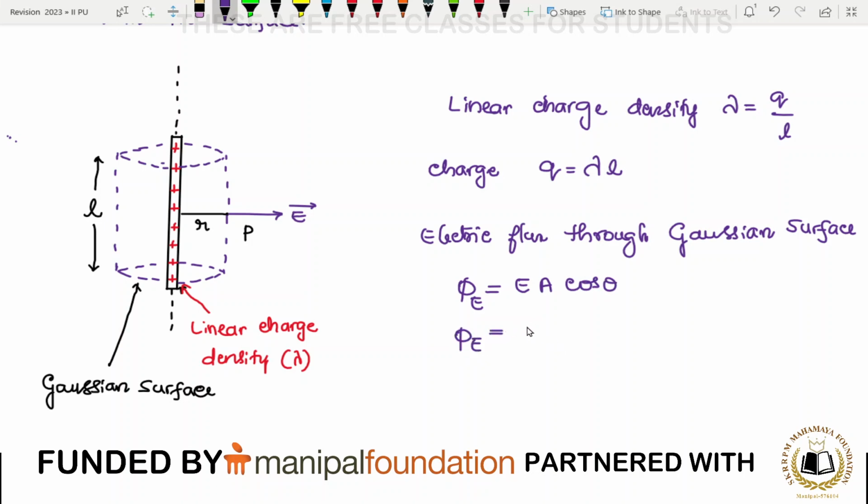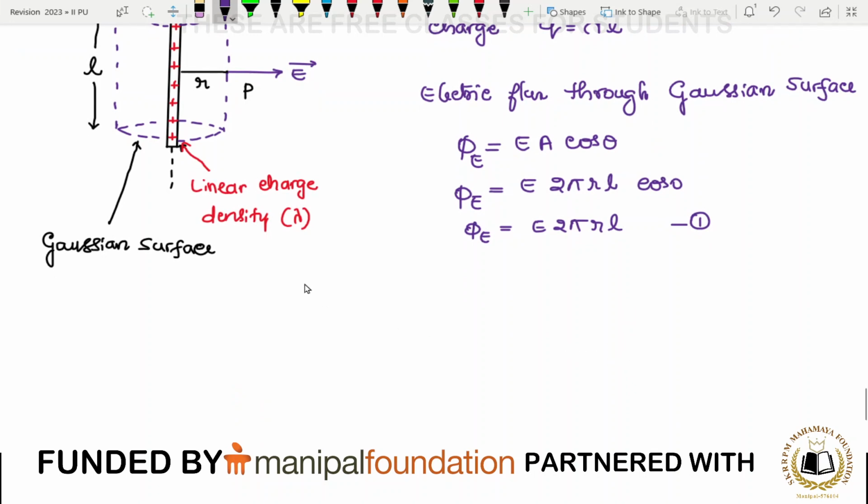The cross-section area is not required, and only the curved region you have to take. The area becomes 2 pi r into L. Theta value here is 0, which means the electric field and area vector are in the same direction. So phi E equals E into 2 pi r L, equation number 1.